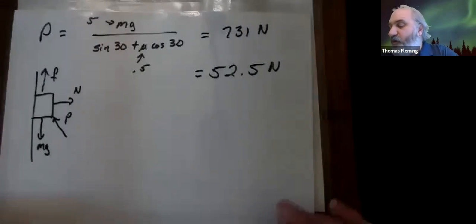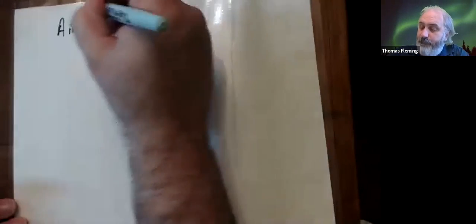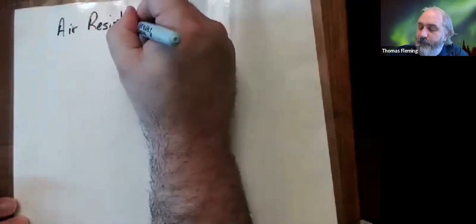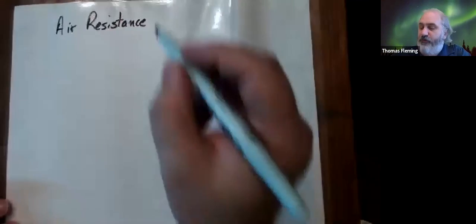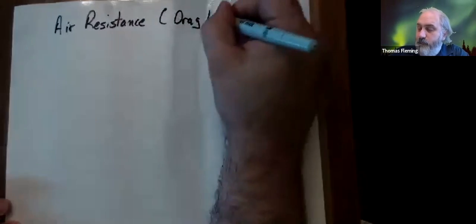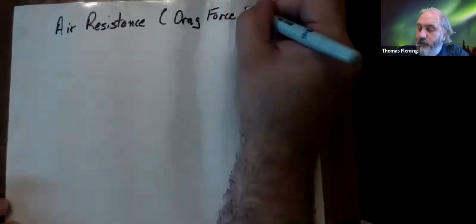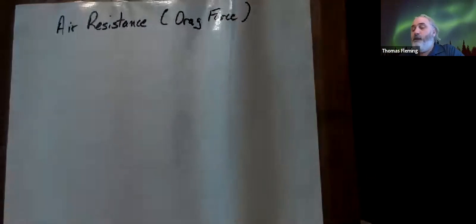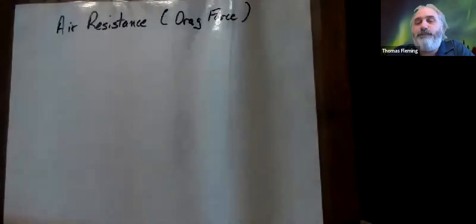So when we talk about the drag force or the force of air resistance, it's similar to friction in that it always opposes our motion. Right? And so we're going to have to model this force.